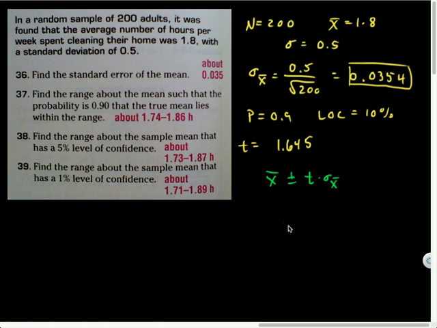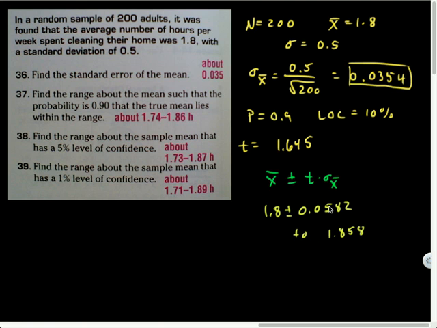Just to show that this works, this would be 1.8 plus or minus 1.645 times 0.0354, and I get 0.0582. If I add that to 1.8, I get 1.858, which is what they got as my upper bound.